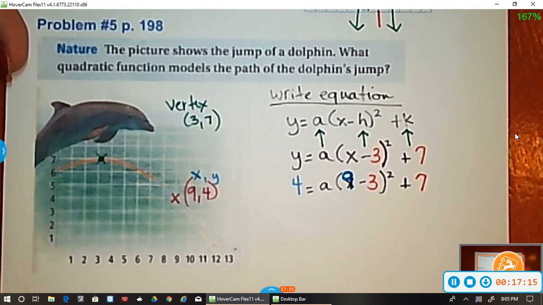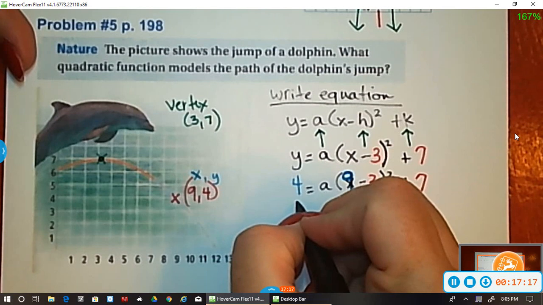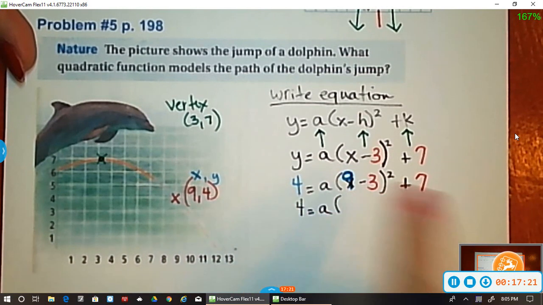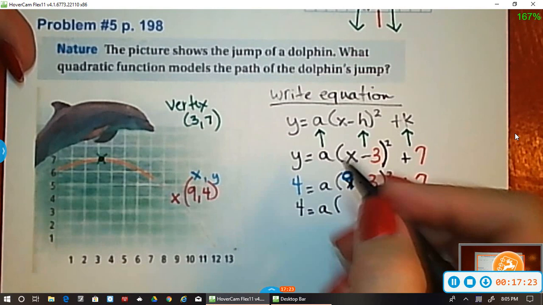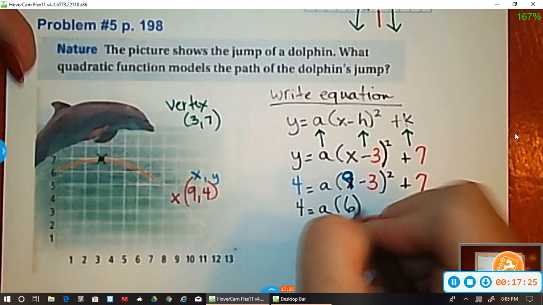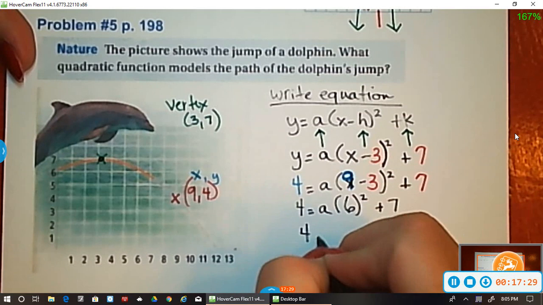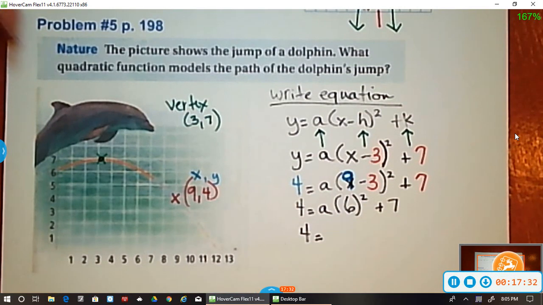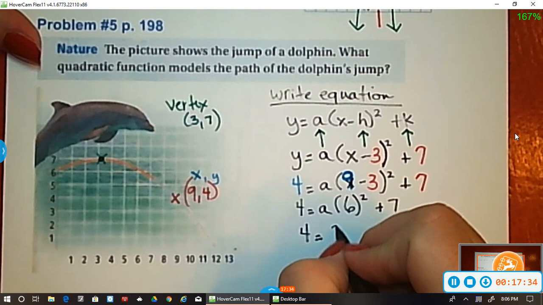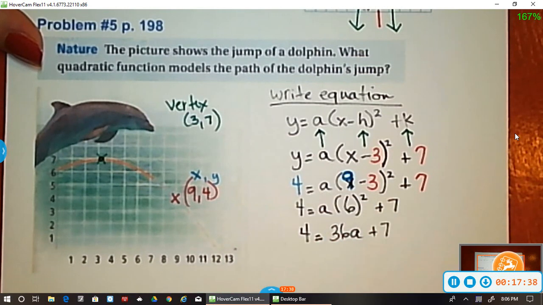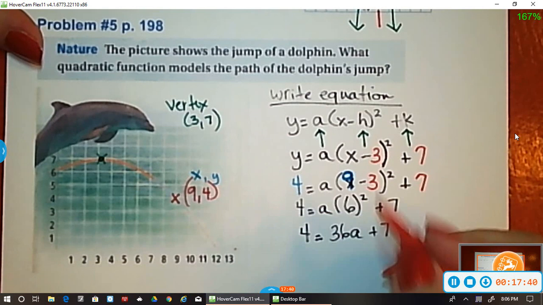So when I start simplifying this, I'm going to have 4 equals a times (9 minus 3), which is 6, squared plus 7. Now 6 squared is 36, so this is 36a plus 7. Now I've got to solve for a.